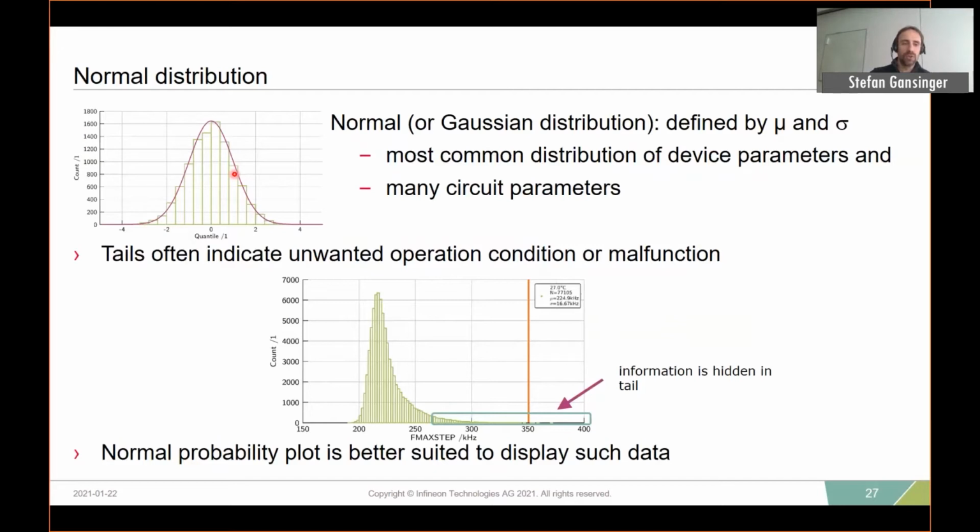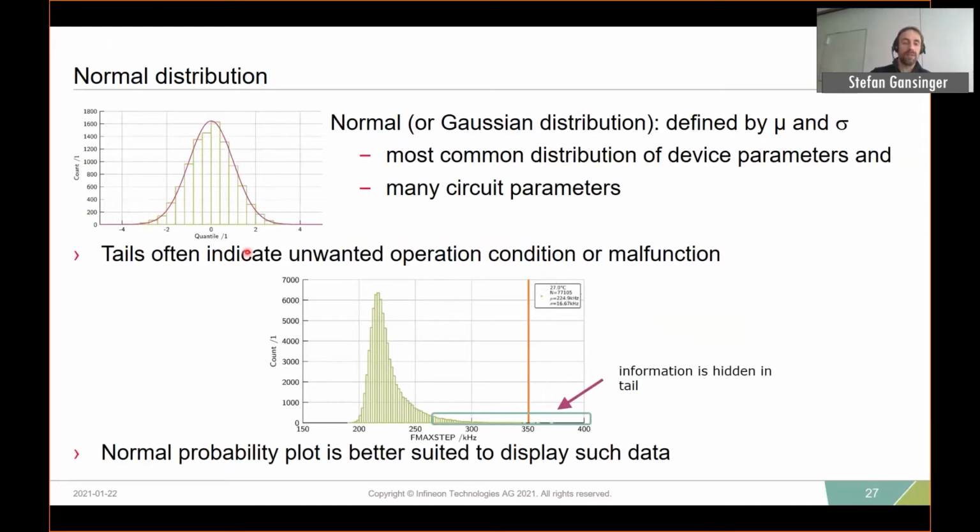Such a distribution is very common for device parameters, like the threshold voltage, for instance, but also circuit parameters. So if you do a simulation or a measurement of analog circuits like a band gap, many circuits, like the band gap voltage, for instance, have such a shape, meaning they are normally distributed.